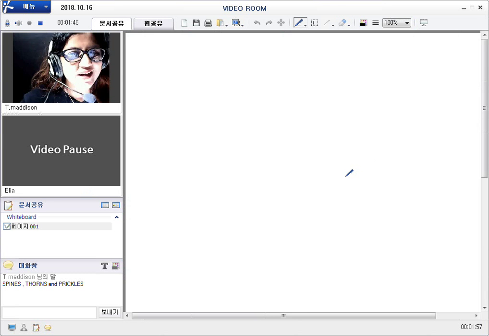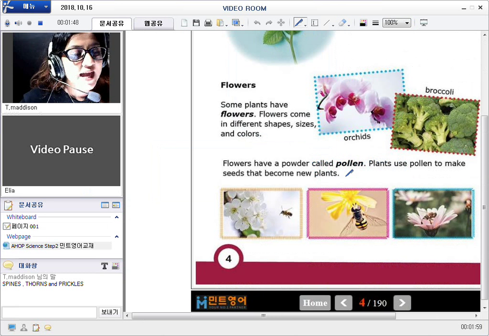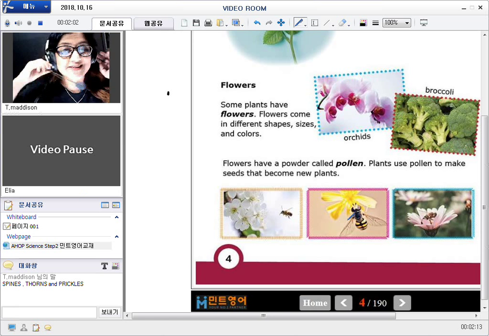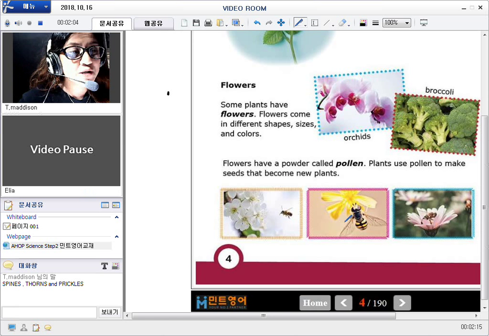Okay. So I have a question. It's just a question about pollen. I'm sure you have learned about this before. How is pollen scattered around the ground to create new plants? How do you think?